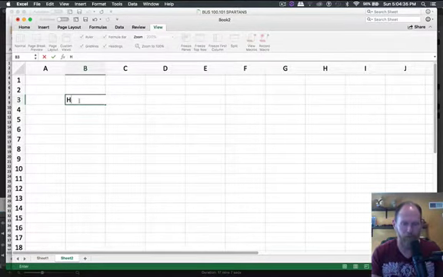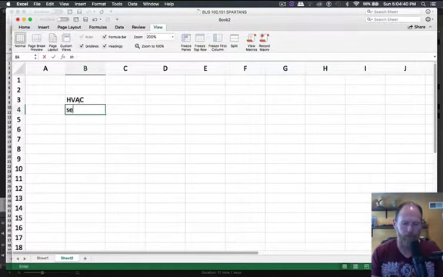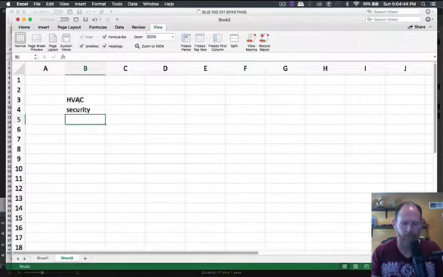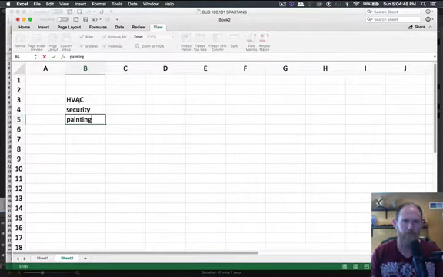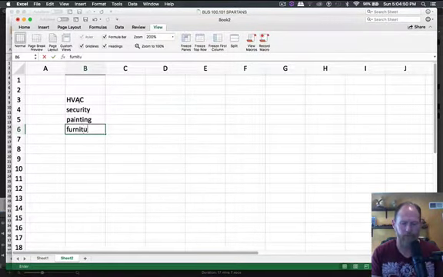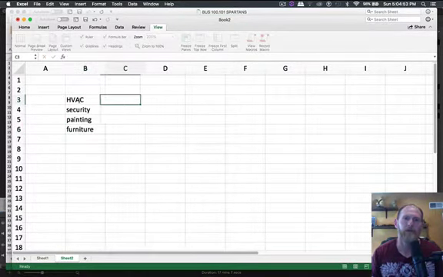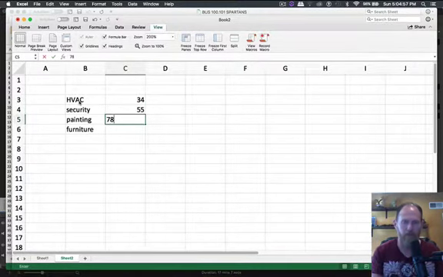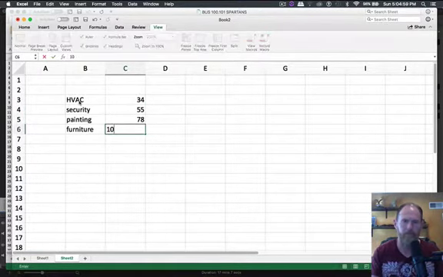I will just put HVAC for heating and air conditioning. We'll put security. We'll put paint, furniture. And we'll just say we have numbers that look like this.